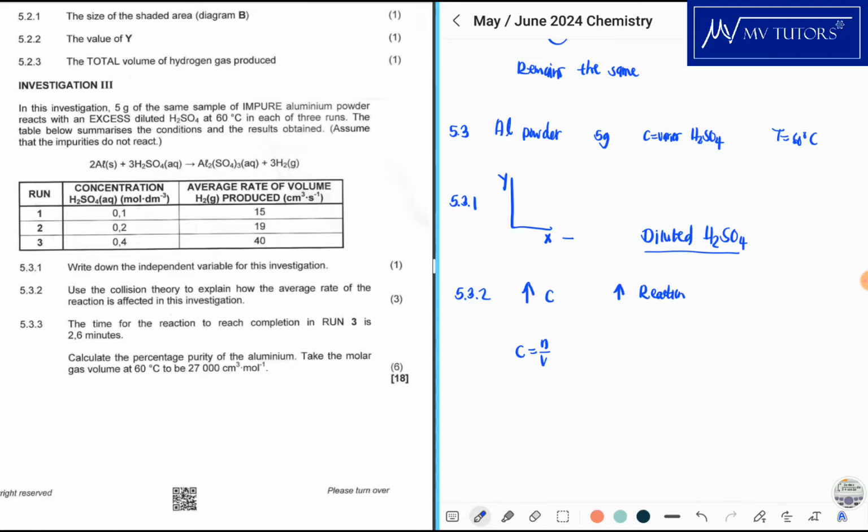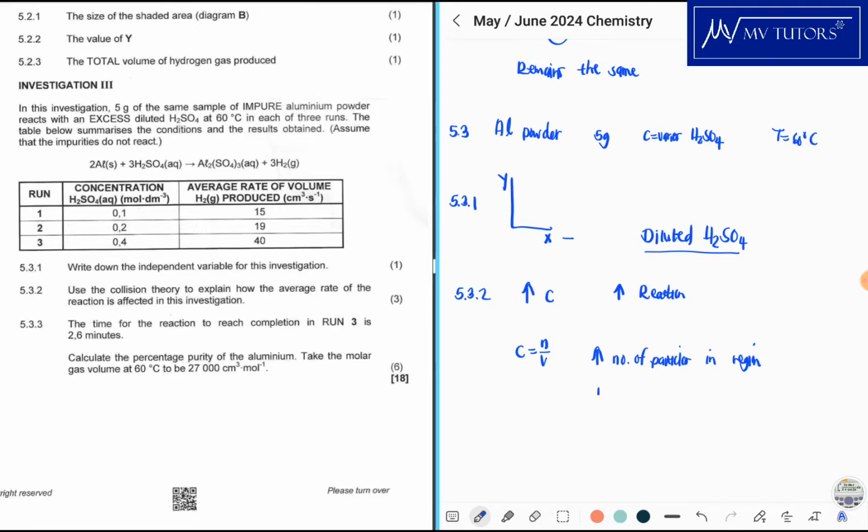So we have increased the number of particles in a particular space. It occupies a certain space, so the number of particles that are in a particular space region have increased.